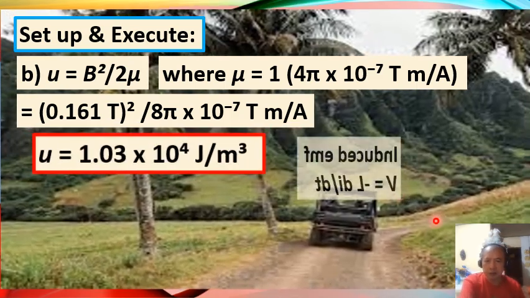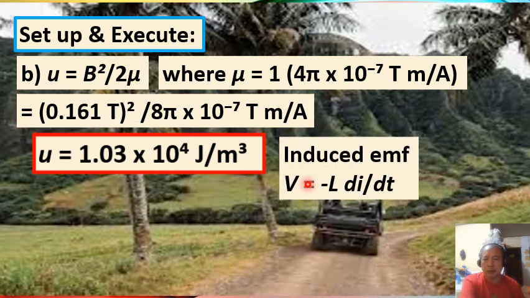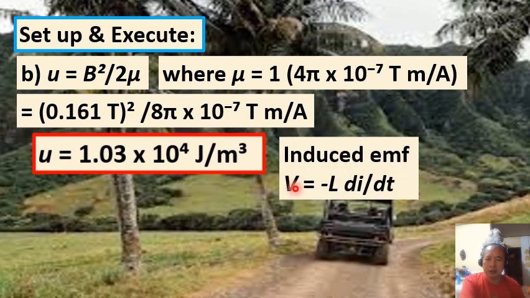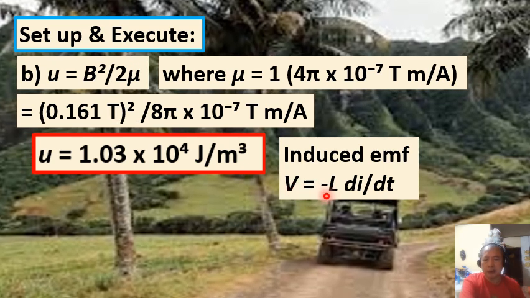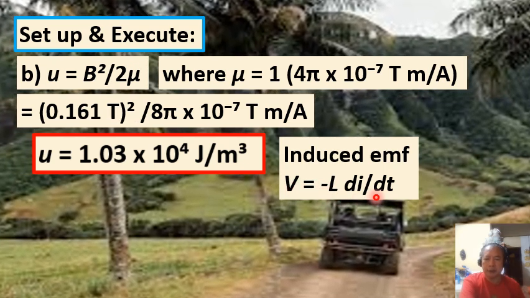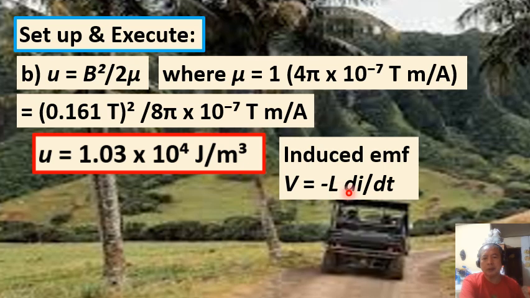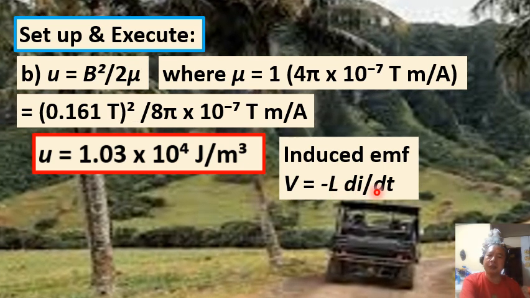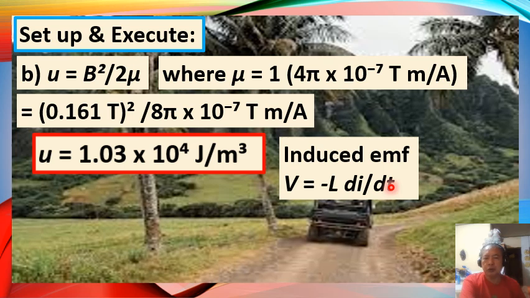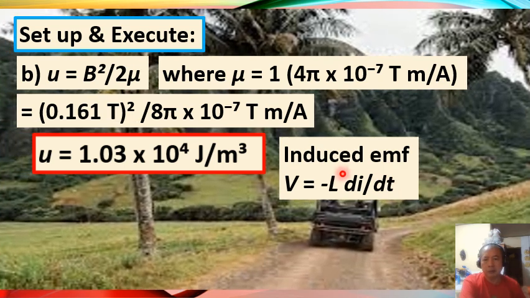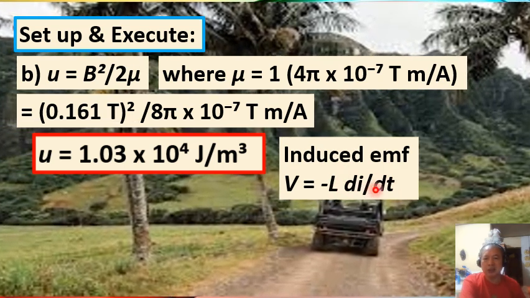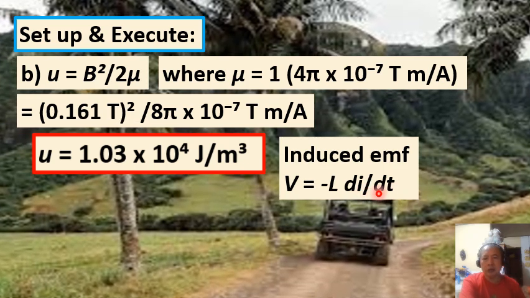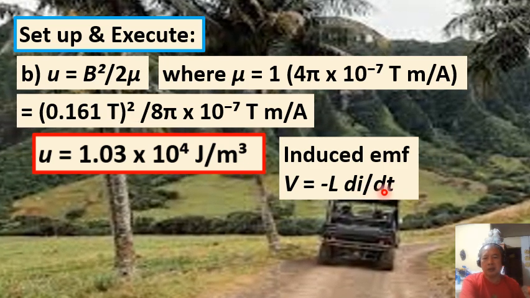And this induced EMF, denoted by capital V, also known as the voltage, is just equal to negative capital L di over dt, where capital L represents the inductance or self-inductance produced in the solenoid, multiplied by the rate of change in the current. So di over dt is known as the rate of change in the current.